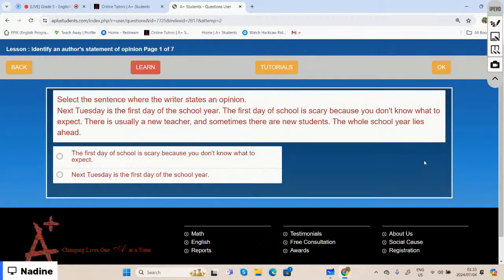So we need to select either option one or option two. Which one do you think is an opinion that the writer stated? An opinion.